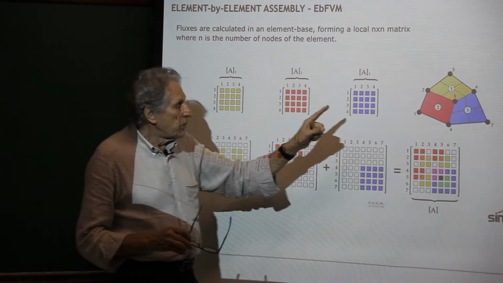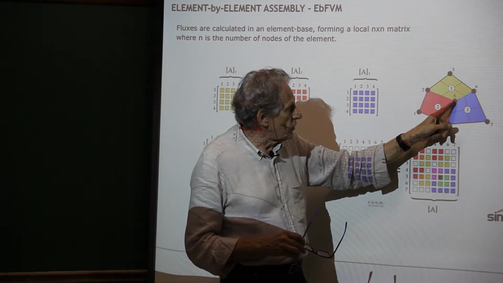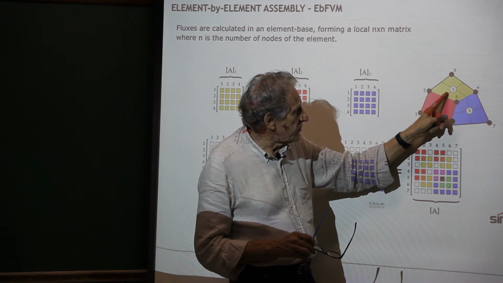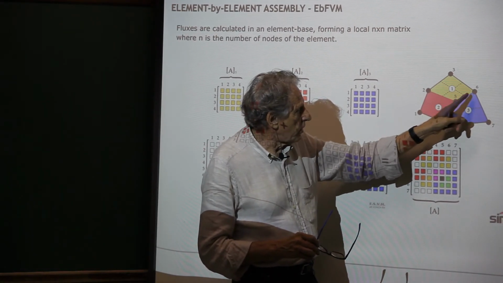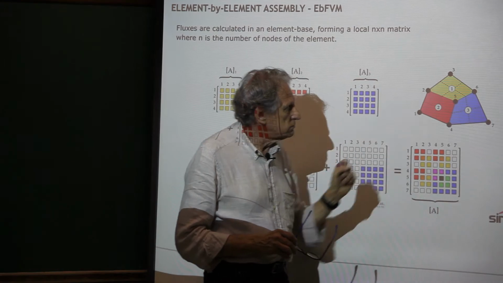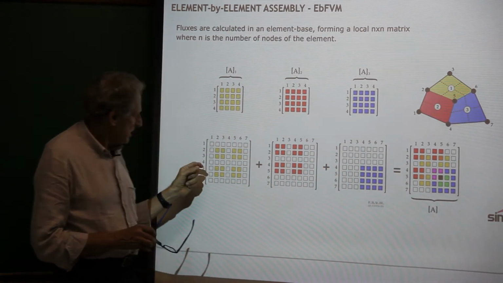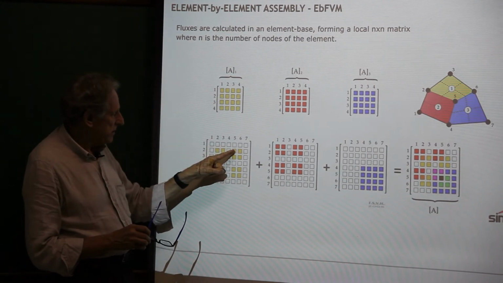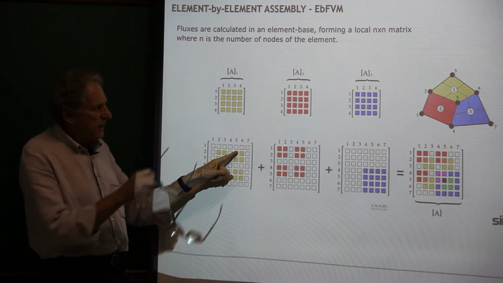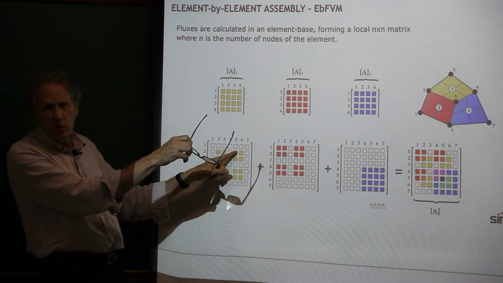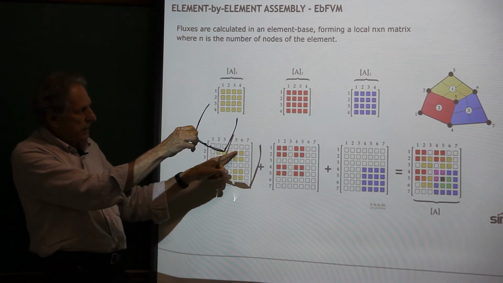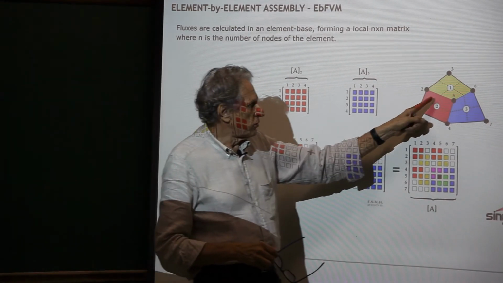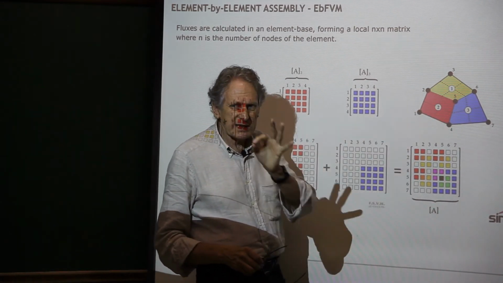So I have to use for this one, this and these fluxes. So it involves the points 6, 3, and 2, and the 0.5. Keep an eye on the yellow element which contributes to the control volume centered at 5.